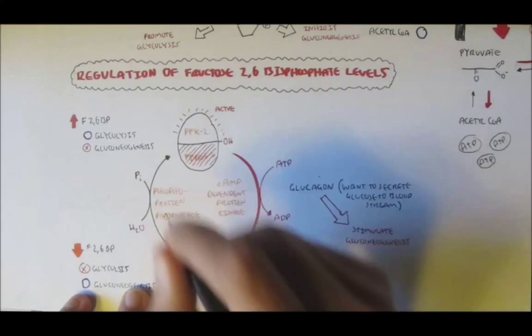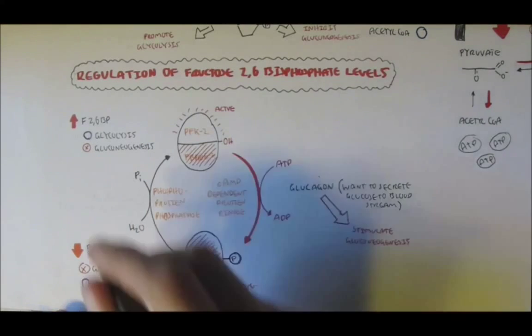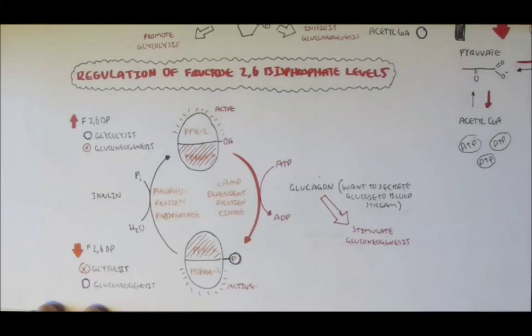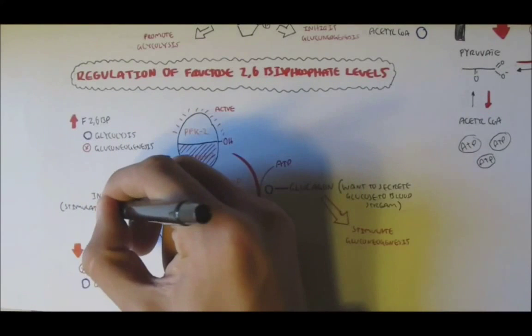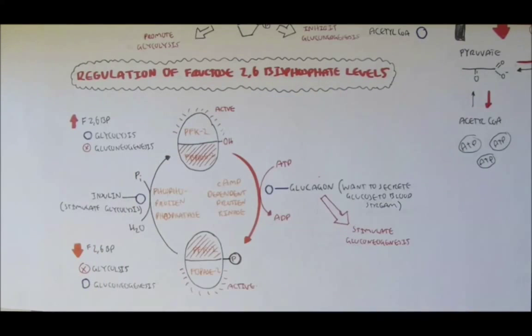So phosphofructokinase 2 can be active again, and fructose bisphosphatase 2 will be inactive again, bringing fructose 2,6-bisphosphate levels back up. And the hormone insulin will stimulate phosphoprotein phosphatase because insulin increases the activity of glycolysis, remember. So that was, okay, that was detailed.